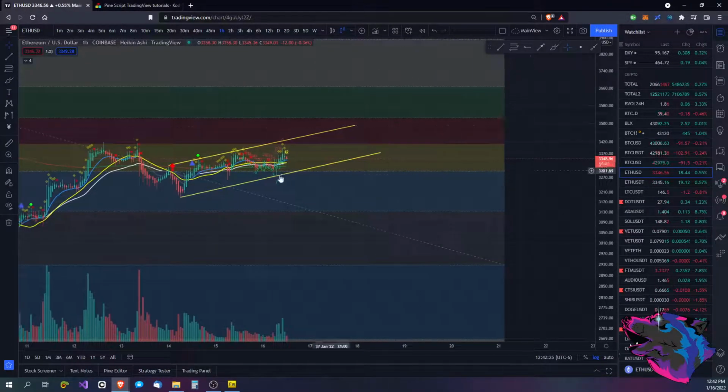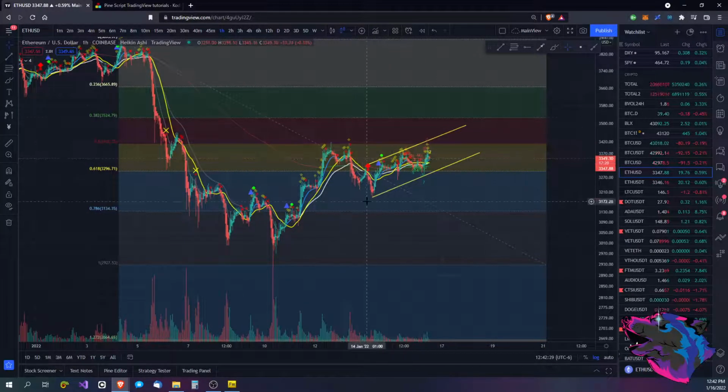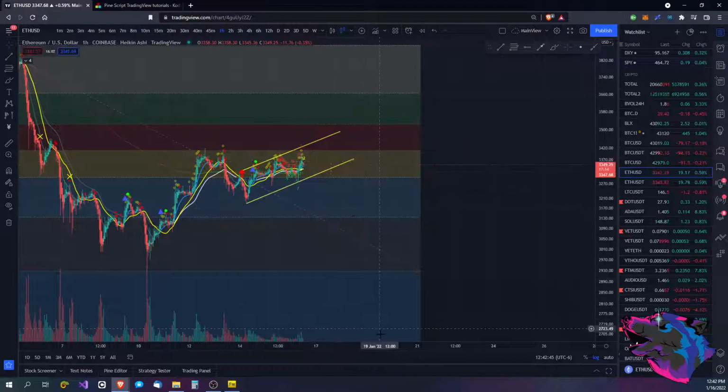Now it'd be nice if we came through, tested a few times, and then broke through. We'll see. Oftentimes when you start getting these upward channels, they tend to break down. Now that doesn't necessarily mean we're coming all the way back down.